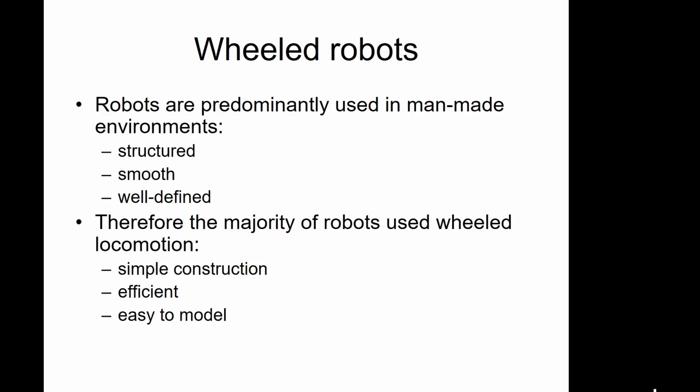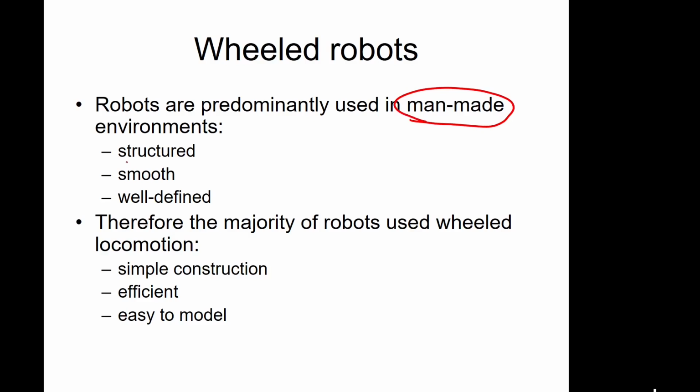In terms of robot geometries, we'll be looking at wheeled robots. It makes things a little bit simpler in a lot of respects. The main reason for using wheeled robots is that robots tend to be used in man-made environments, so we tend to use them in areas we have specifically designed.